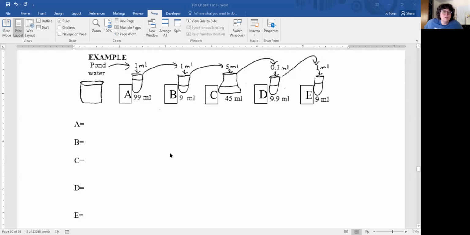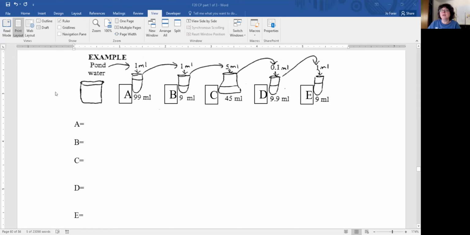So I'm going to share the example on my screen without the problems worked out. You have them worked out in your course pack, but I'm just going to talk you through where all the numbers come from, the calculations, and remind you of a few things about working with powers of 10 that you do need to know for serial dilution problems.